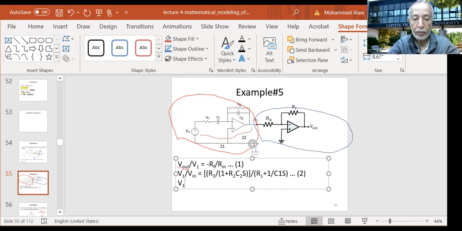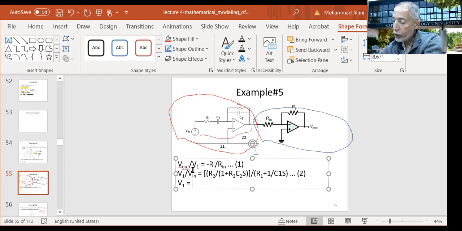V1 equals. V out divided by V1 equals minus RF divided by Rn.